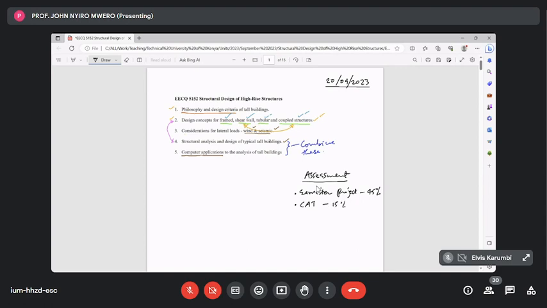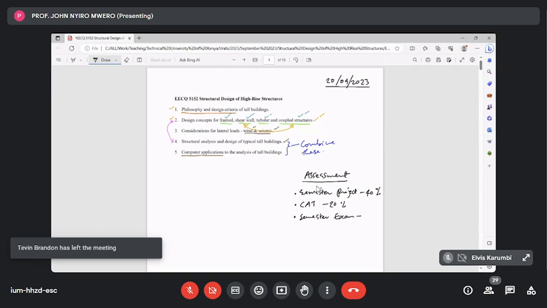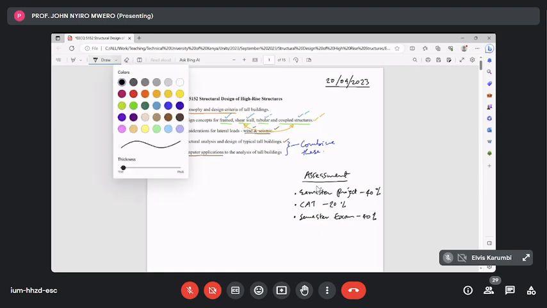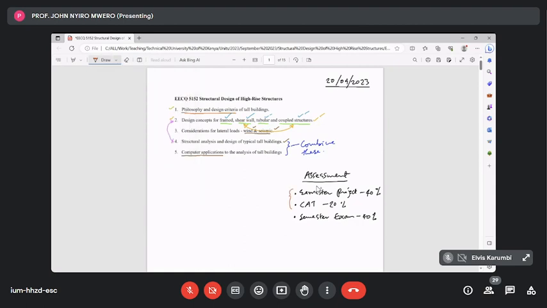Most probably, this will carry 15%, or let's make them a bit closer to each other. We can do 40 and 20, and then we'll do a semester exam that we also do 40%, so that it's total 100%. You notice that therefore 60% will be on the coursework for this course.